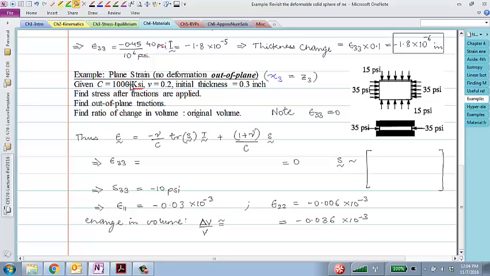So if I have a block of material, if I identify a face or a plane of that material, that face must not have displacements or deformations out of the plane. It might move as a rigid body in the third direction, but we don't want any relative deformations in the third direction. Can you think of a physical example where that might happen?